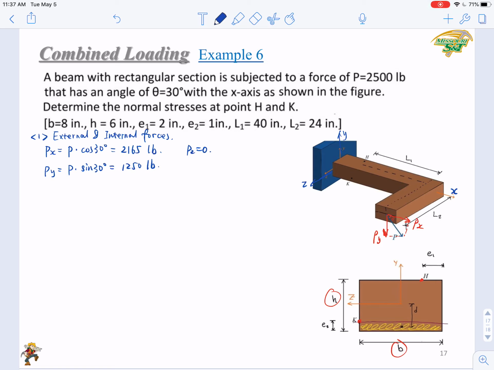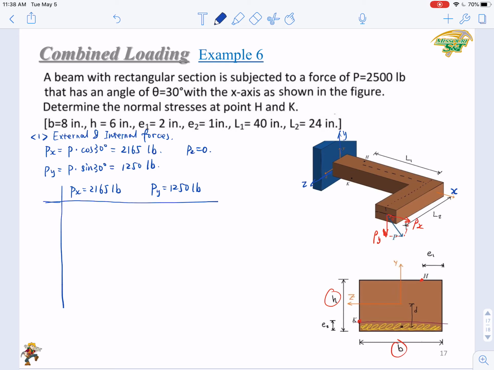Let's analyze the internal forces using the table. Okay, draw a table. You have only two external forces, so just Px equals 2,165 pounds. Py 1,250 pounds. Okay, so which one is the axial direction?